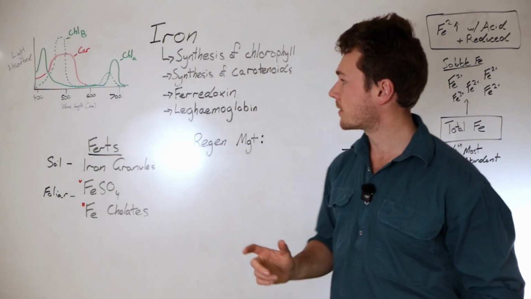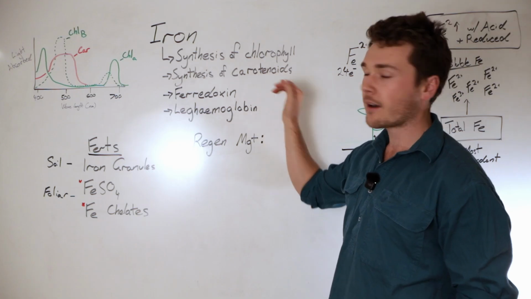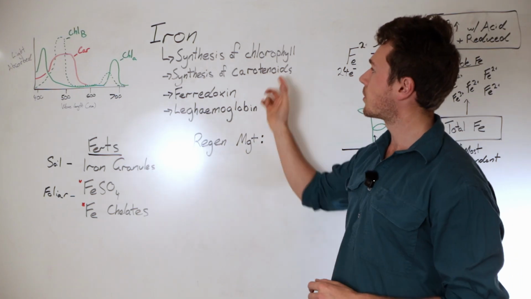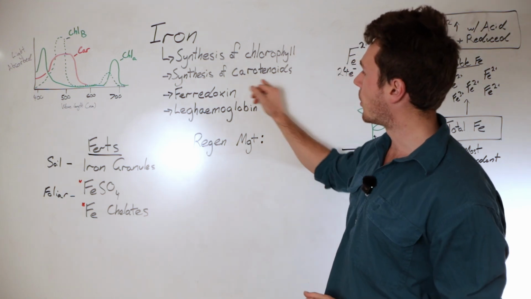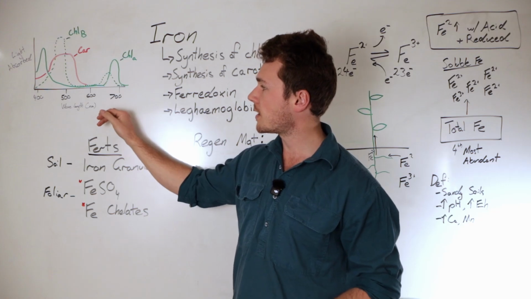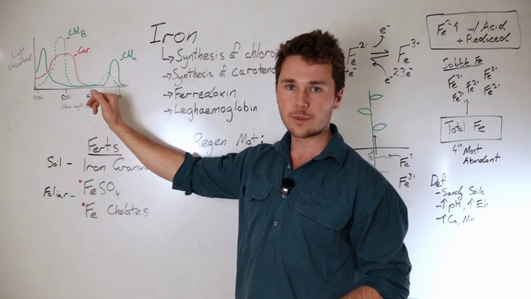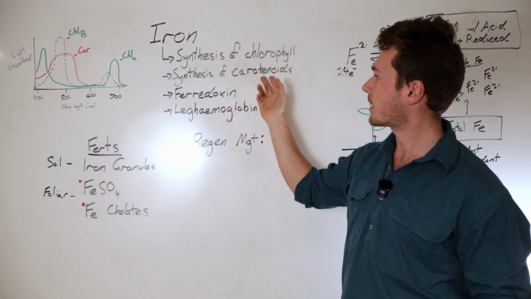On a very similar note, iron is required in the synthesis of carotenoids. Carotenoids, similar to chlorophyll, can capture light and then pass it to your chlorophyll. This is important because what you'll see here is the light captured or absorbed by our chlorophyll A and B, as well as our carotenoids.